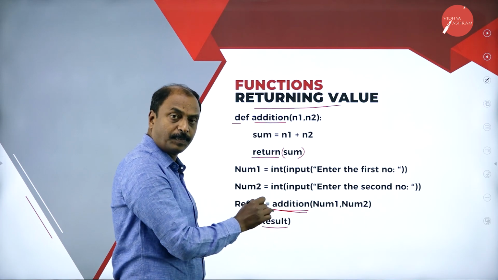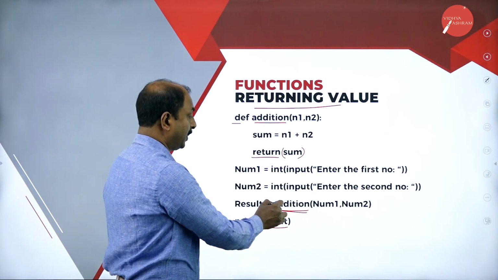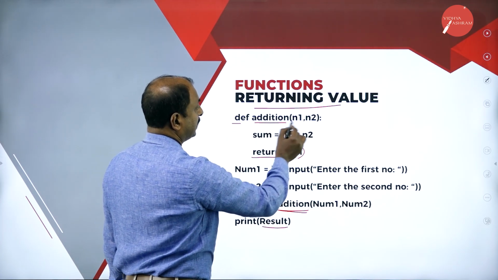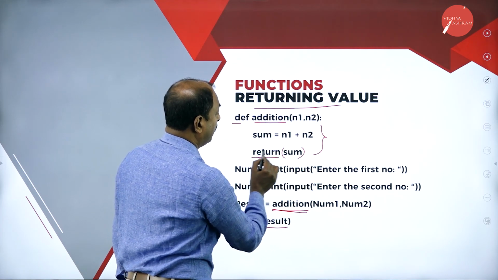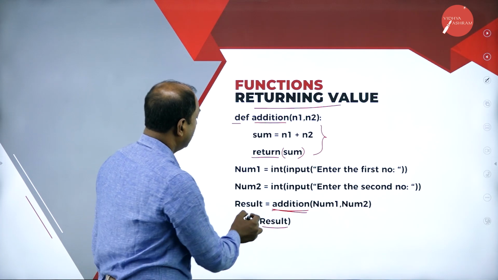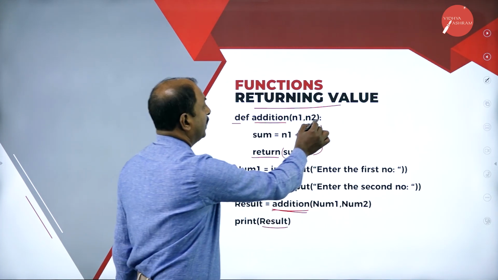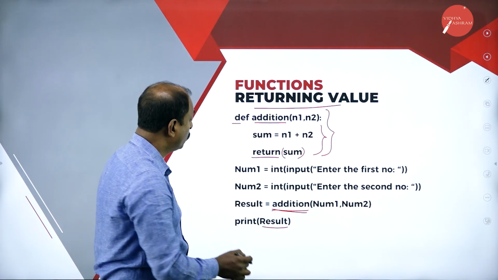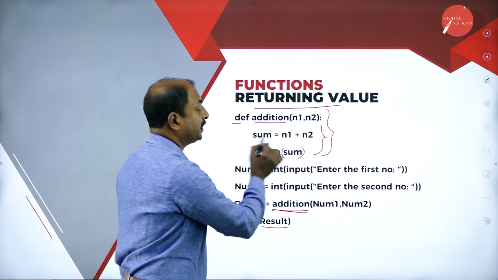As soon as the interpreter executes this statement, the control transfers from here to the function definition. It does the calculation and the result is returned by return sum. The result of this will be returned to the variable result in this example. That is the function of the return statement.